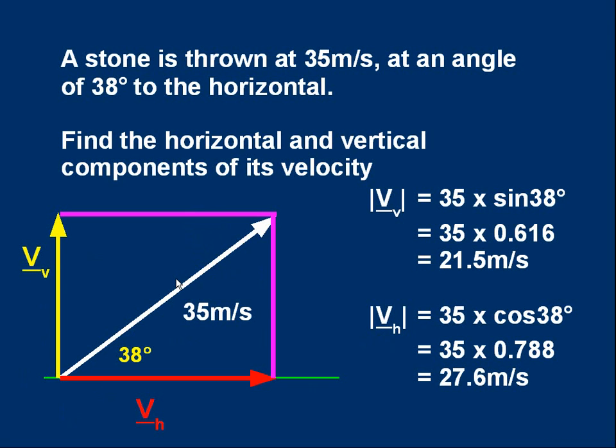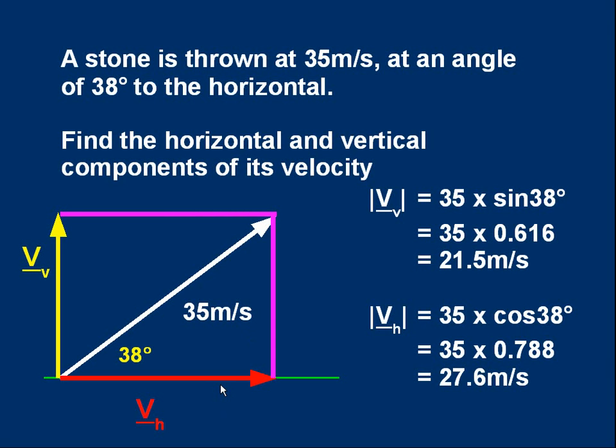That's what we have to work out. And once you're used to doing this, you don't need to draw this diagram. You can write straight away 35 sine 38 and 35 cos 38. It's a pattern you get used to using. You don't need to draw the construction each time. I'm doing it to make it clearer.